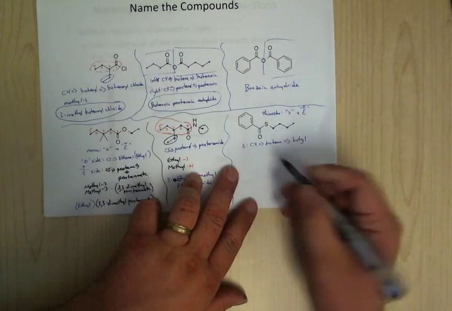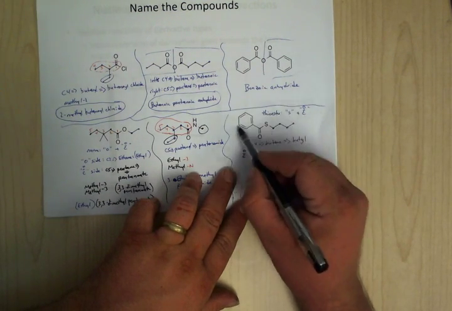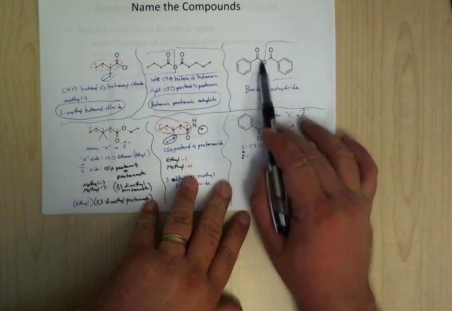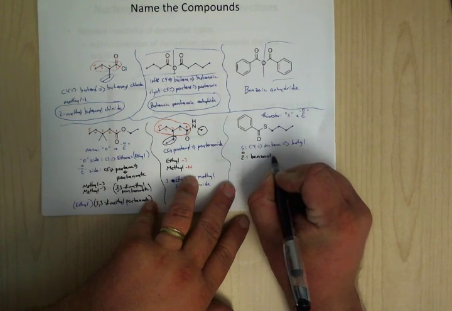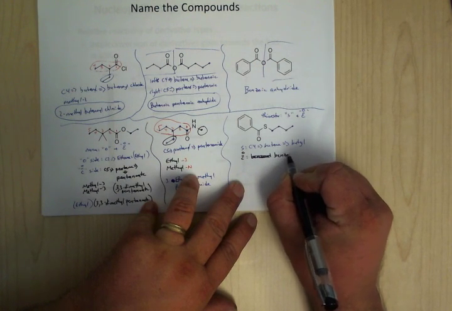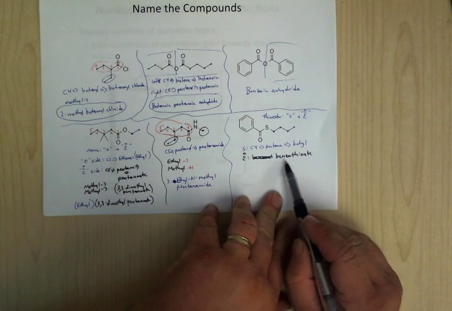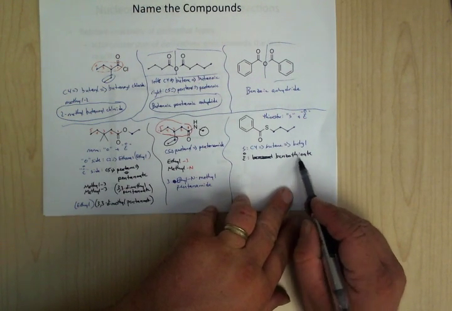Okay, so for the C double bond O side, this one here, just like this one was benzoic, this becomes benzoate. Oh, excuse me, not benzoate. If that was a regular ester, it'd be benzoate, but for the thioester it's benzothioate. The thio means sulfur.